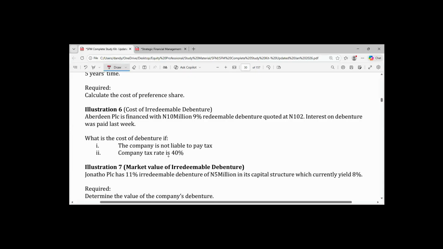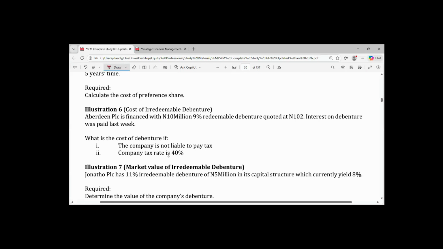We said the cost of debt is the compensation required by the providers of debt capital. And the debt holders are entitled to annual fixed interest. And then in the event of liquidation, the debt holders will be paid before the preference shareholders and the equity holders.